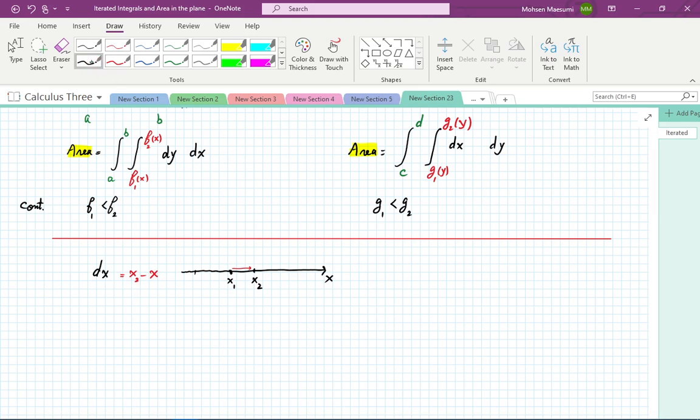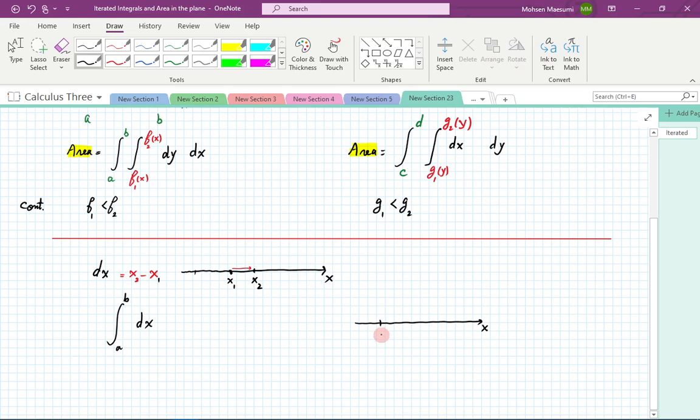Now when we write something like the integral of dx from a to b, how can we think about this? The way to think about this is, again, go back to the x-axis and think about these displacements.